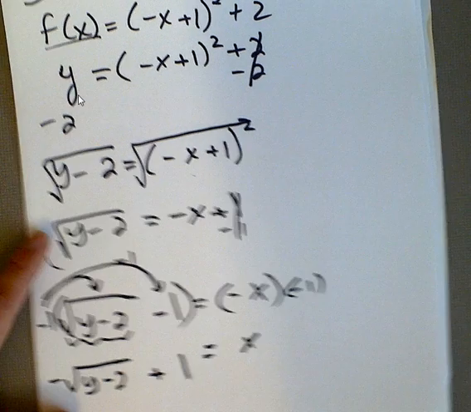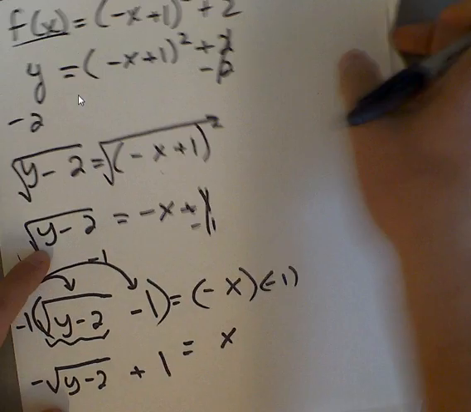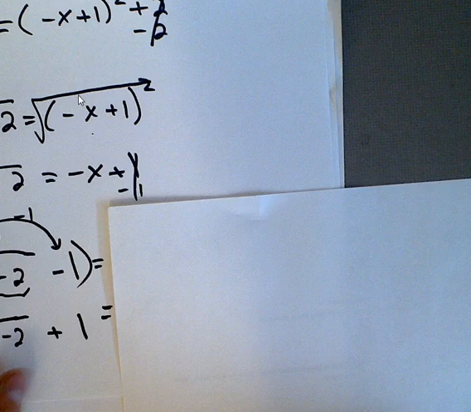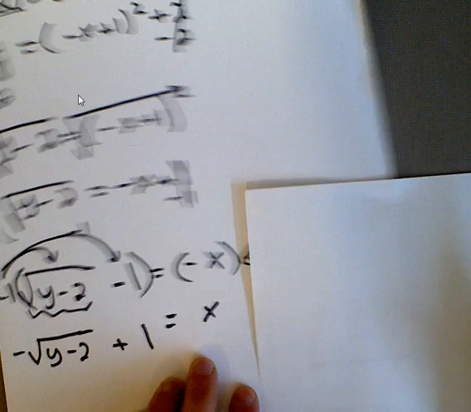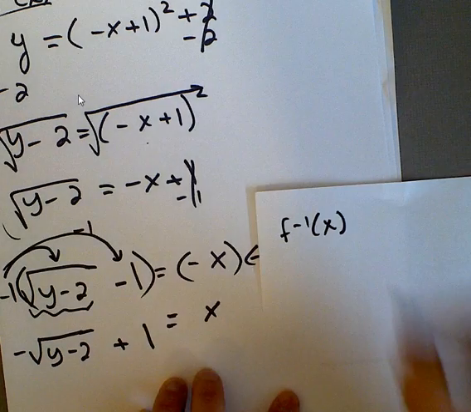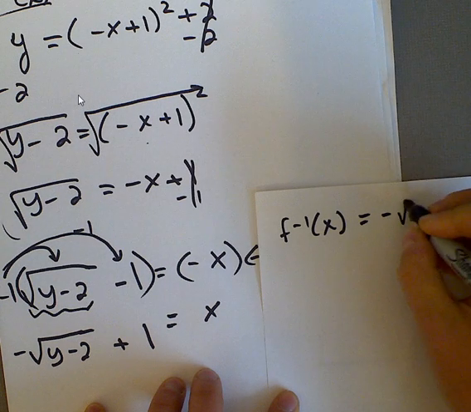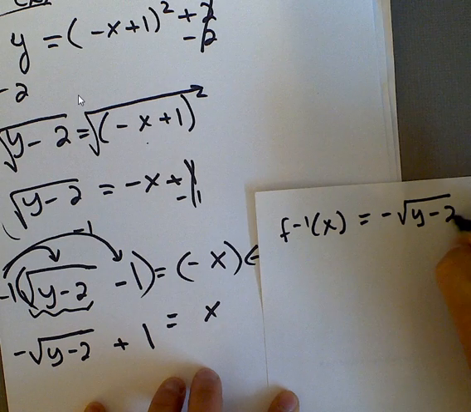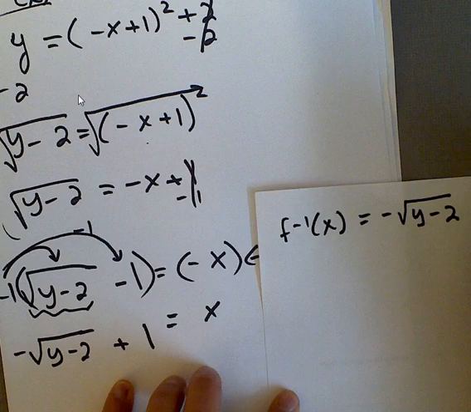So then we can write our answer as f inverse of x is equal to negative square root of y minus 2 plus 1.